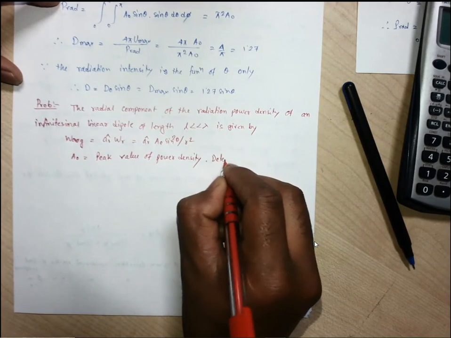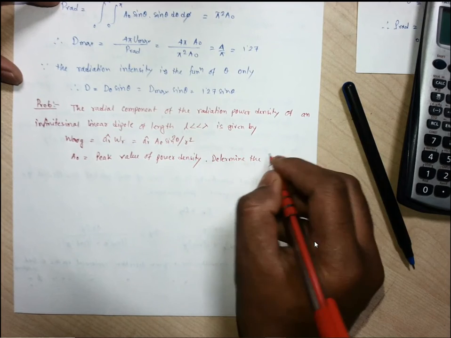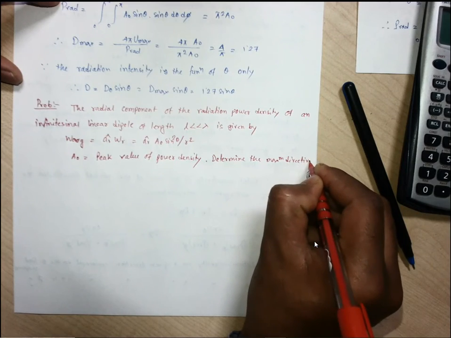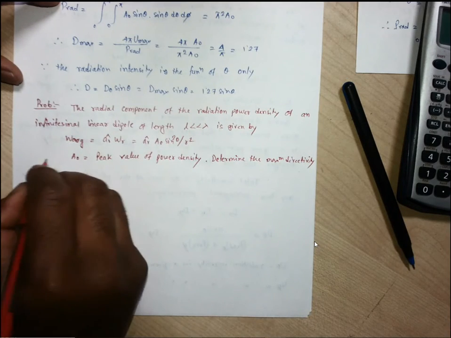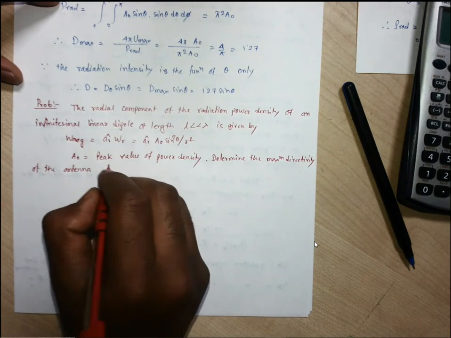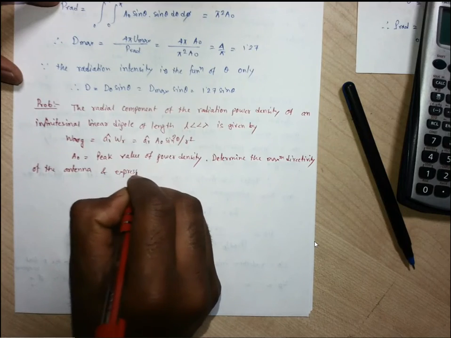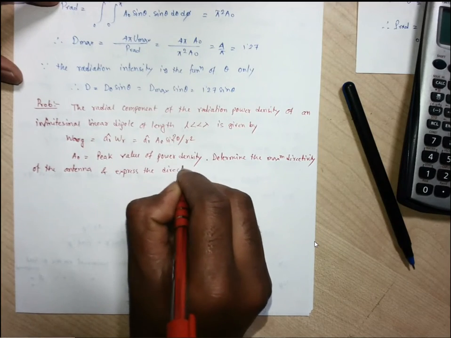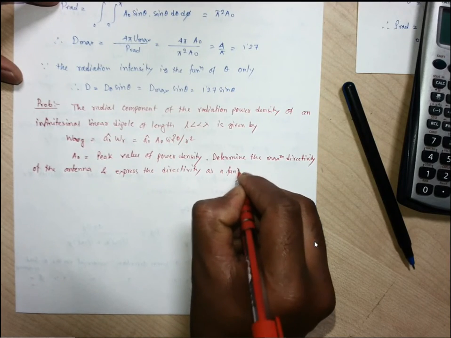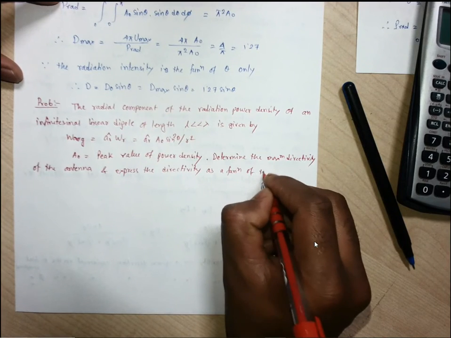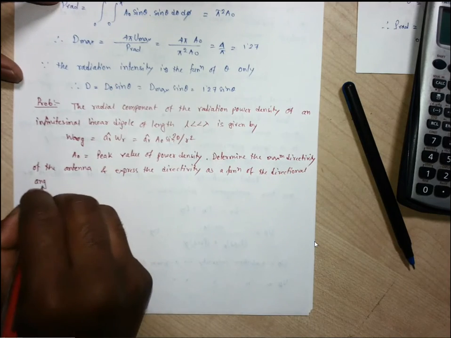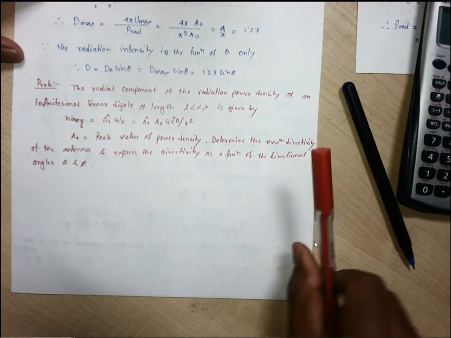Determine the maximum directivity of the antenna and express the directivity as a function of the directional angles, same angles theta and phi.